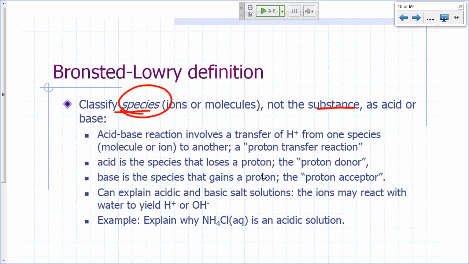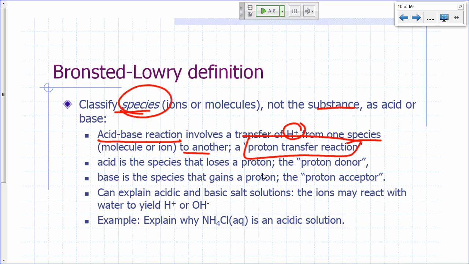According to this definition, an acid-base reaction is one that involves a transfer of a proton, H+, from one species to another. So any reaction that involves proton transfer is called an acid-base reaction. This is a more generic definition of acids and bases.